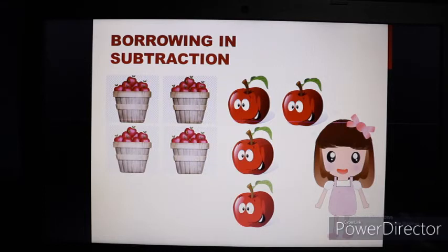We do exactly this in subtraction by borrowing. We open the neighboring group of tens if at the ones place the number is less and we have to subtract or give away a bigger number.